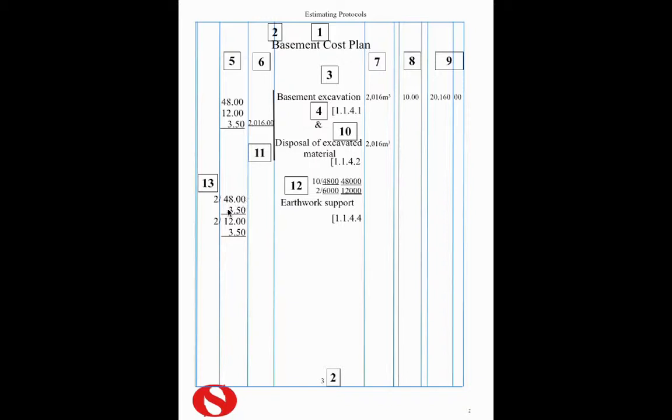So it's twice times 48 by 3.5 and twice times 12 by 3.5. Those come forward to our squaring column of 420 square meters, and that can go in this column here.